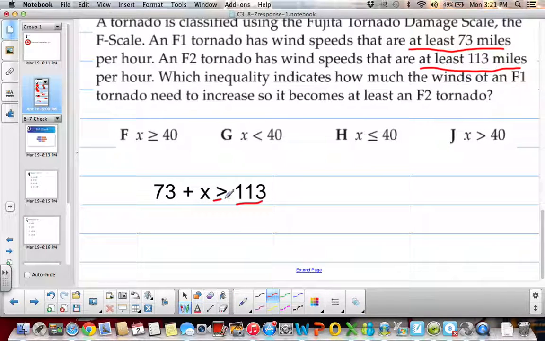So then we can solve and subtract 73 on both sides. And we would get X is greater than or equal to 40. So our answer would be F.